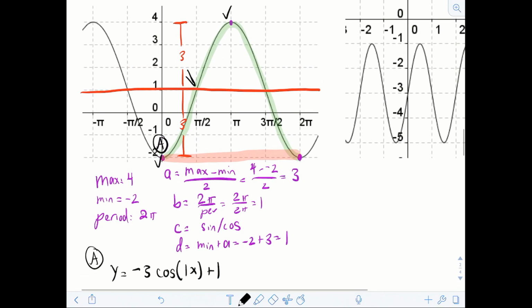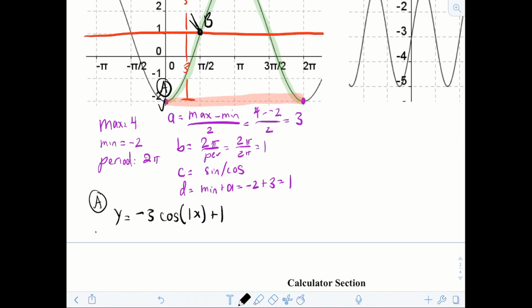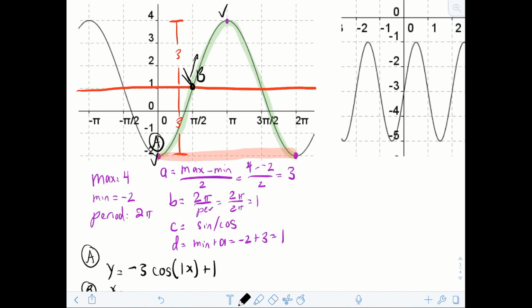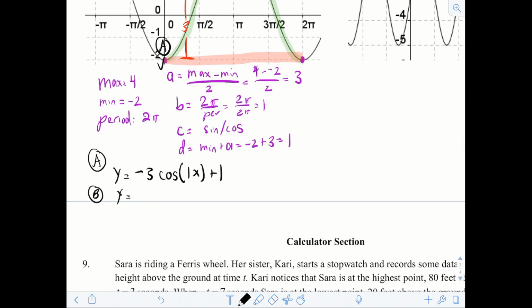Now, if I were to be using, let's say, sine, I'm going to use this point right here, B. So I'll mark that as B. Y is equal to, now if sine goes up first, right, starts at the midline and goes up, then I would say that it is a positive sine. Now you don't technically need to write a positive, but I like to just kind of as a reminder that I'm checking whether it is going to be positive or negative.